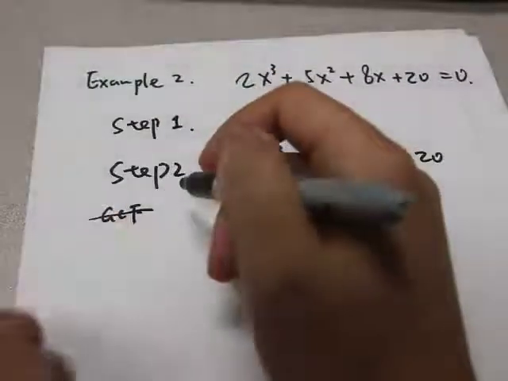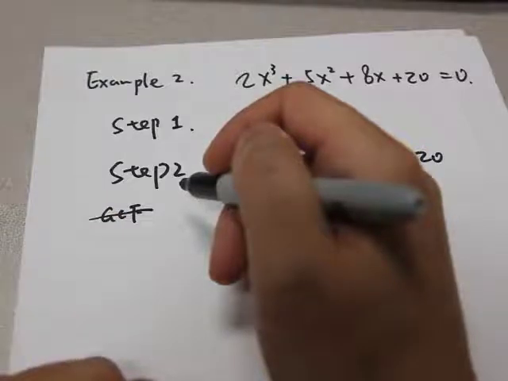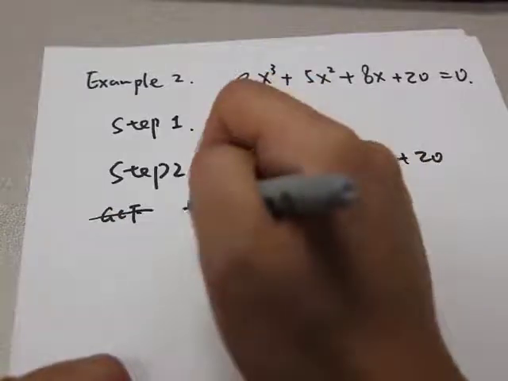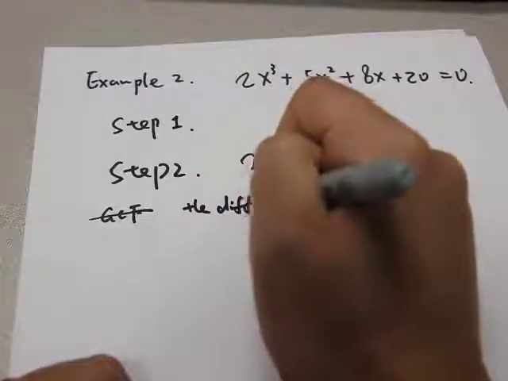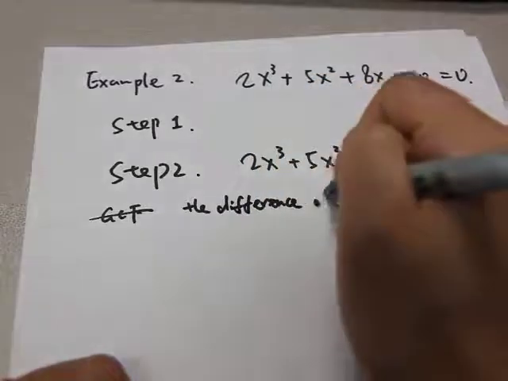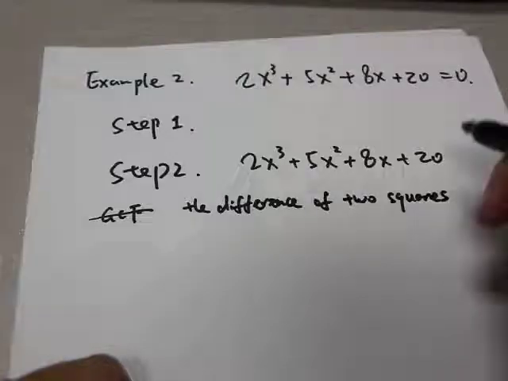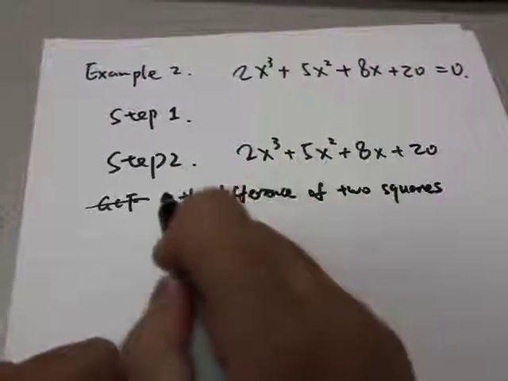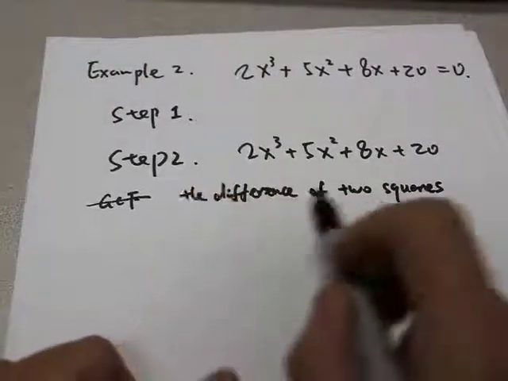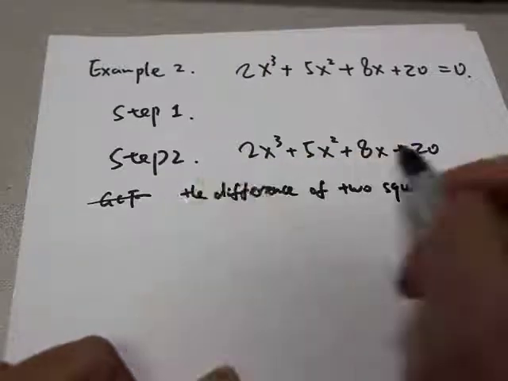Another way is the difference of two squares. And obviously this method doesn't work here because this is not a difference of two squares.